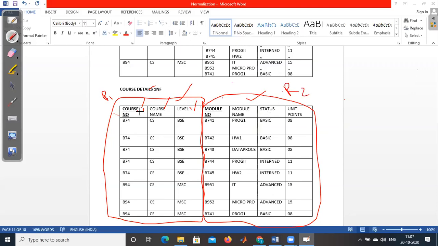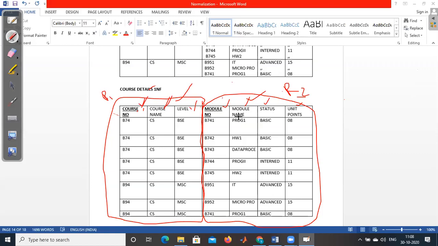See, in relation R1, course name and level are non-key attributes. If you know the course number, you can find these two. In the same way, in relation R2, module number is the key attribute and module name, status and unit points are non-key attributes. If you know the module number, you can get the module name, status and unit points.